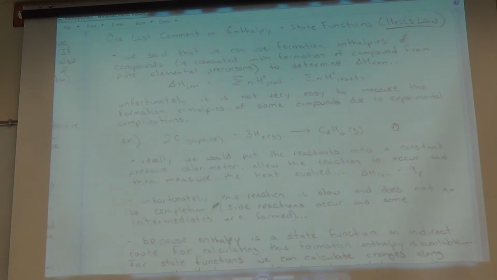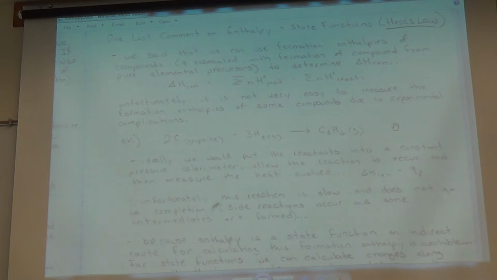But if you take graphite and hydrogen gas and you throw them into a constant pressure calorimeter together, they're not going to go on to form all ethane. There'll be multiple intermediates that get formed. There might be side reactions. And so if you measure the heat that comes off of this reaction and you try to attribute that heat to the formation enthalpy of ethane, you just made a really big mistake, because not all of that heat was associated with ethane formation.